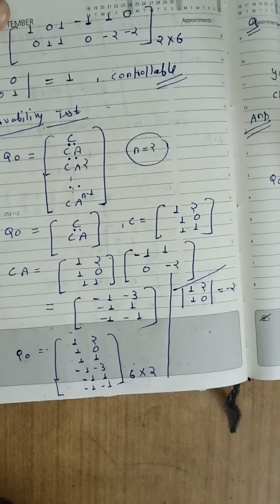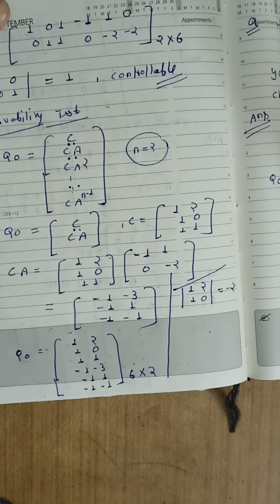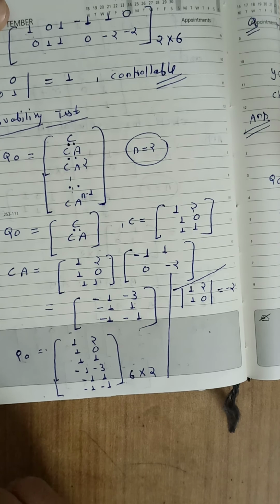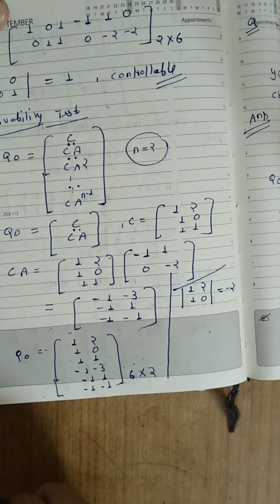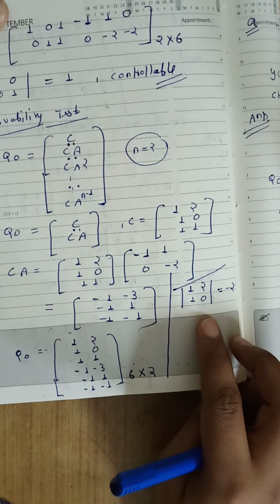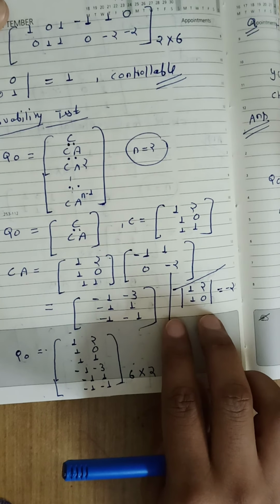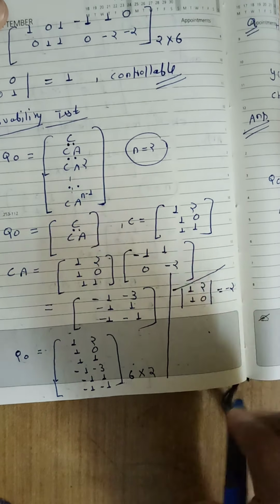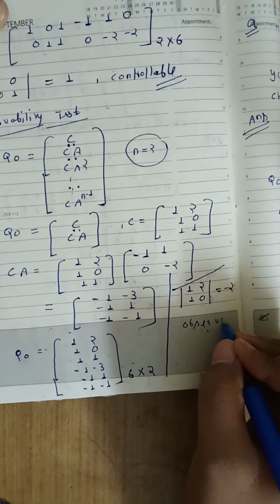Already I have told you how we can define an observable system. If the determinant of Q naught is non-zero, we can say the system is observable. And here the determinant of the first submatrix is non-zero, so we can say our system is observable.